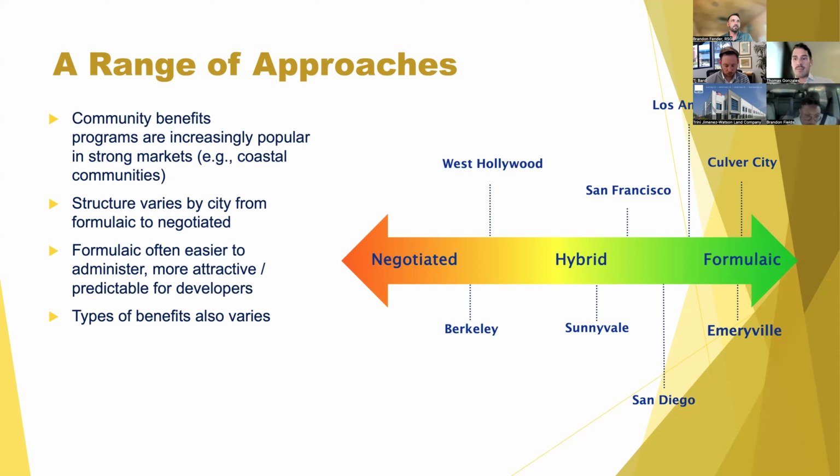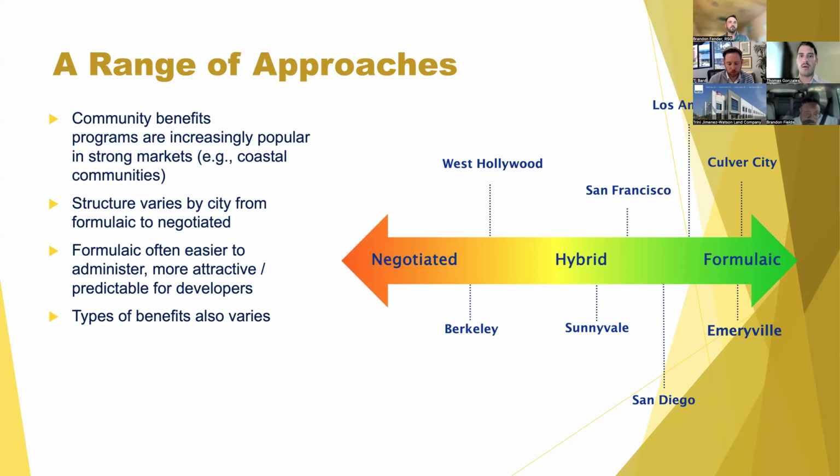That is one type of community benefit program, though, where in exchange for providing a certain number of affordable units, a developer can increase the density of their residential project. But there's many other types as well. And the structure just varies anywhere from more formulaic, like the state density bonus, all the way to a negotiated system where there's individualized analysis for each project to determine the required amount of benefit.